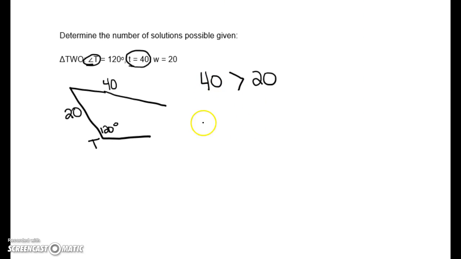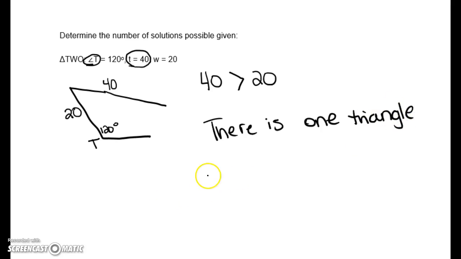So we could say there is one triangle possible since T is greater than W. And from there, we've answered the question, and then you're ready to move on.